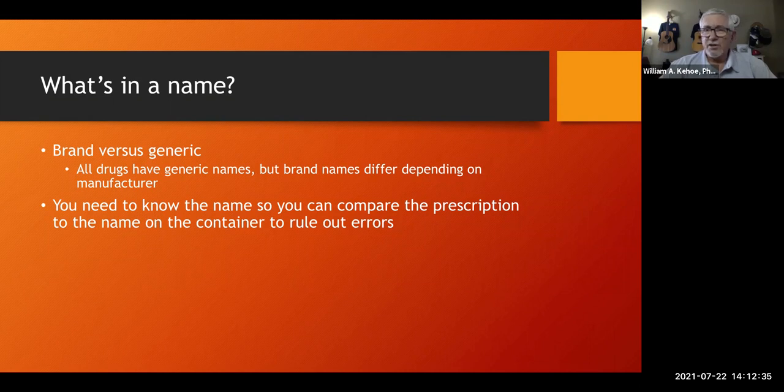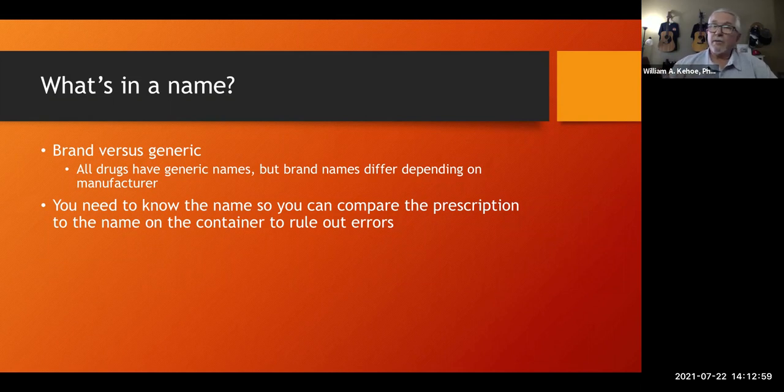In fact, we prefer to use generics over brand names because a lot of times brand names come and go. A company decides, well, we're not going to make it anymore, and so then you don't have that brand name out there. Unfortunately, many of us in the field do learn these things by brand names, and that's how we sort of refer to them. So I try myself to use generic names. Now, why do you need to know about names?